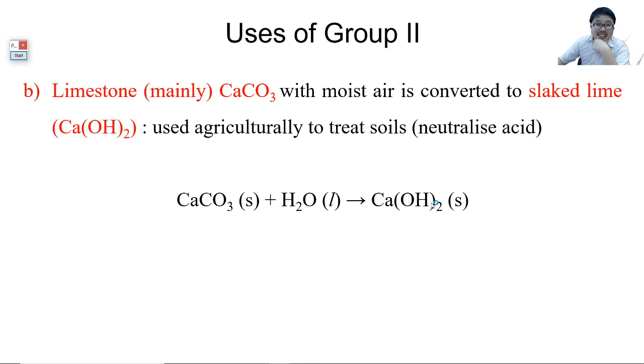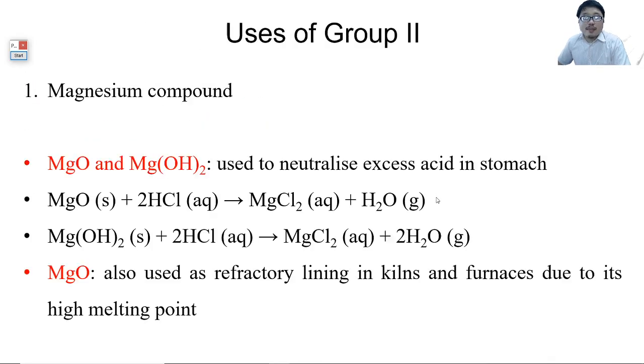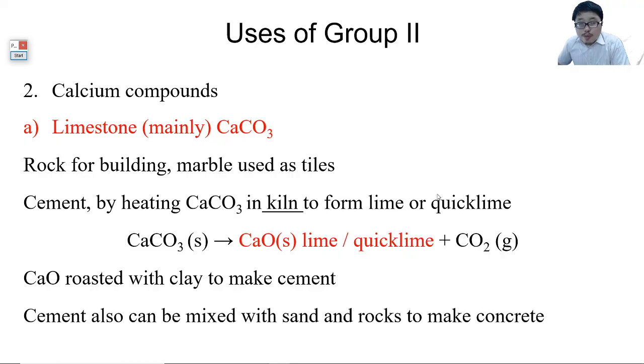So these are among the main things we use: limestone, lime, slaked lime, lime water. These are the major uses, primarily magnesium and calcium, which are majorly used in industry.